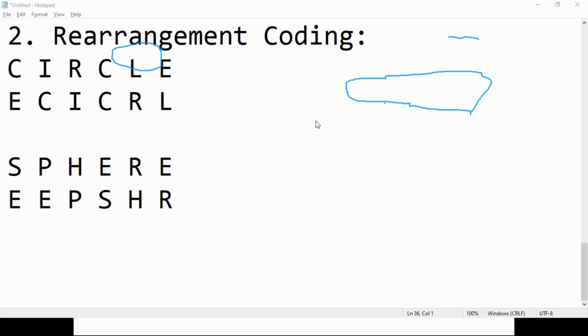Any doubts regarding that? Share your questions, Sahiti, whatever doubt you have.